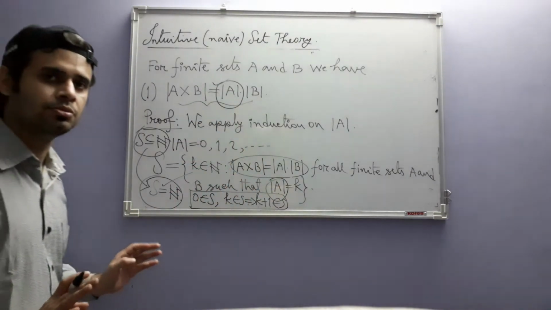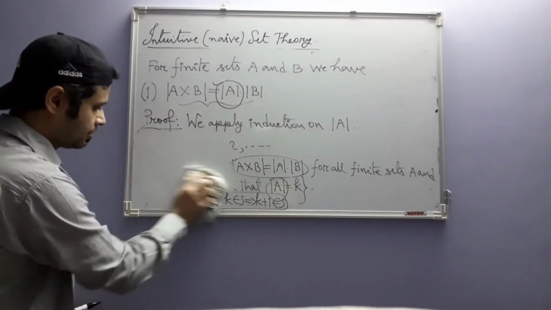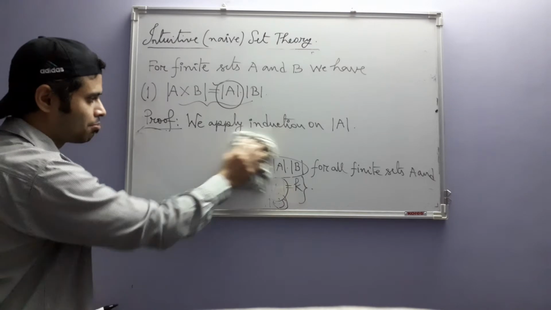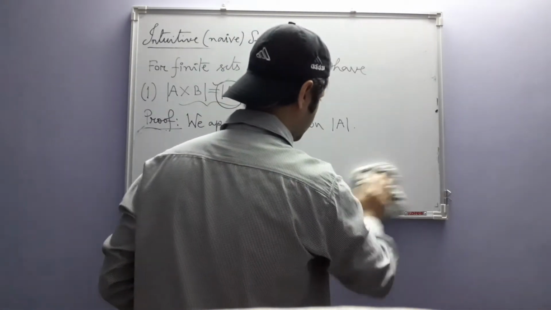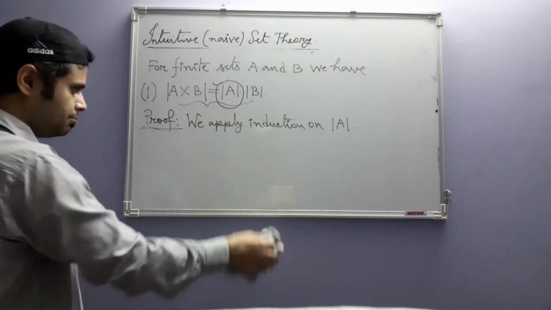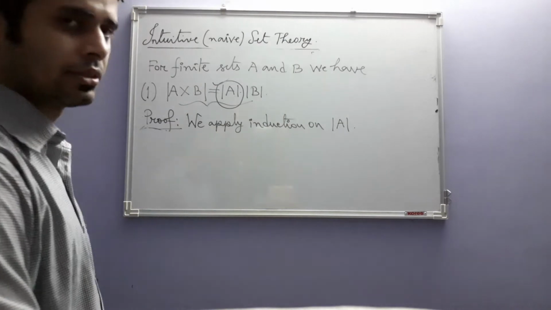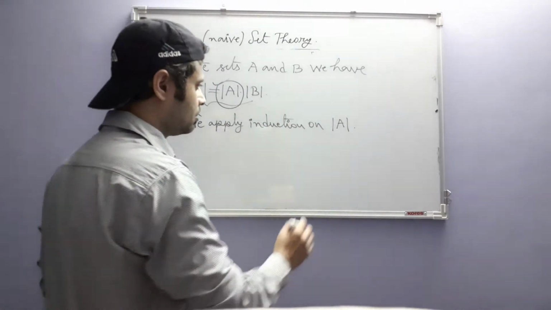Then we are through. Okay, so that is the strategy. It may seem somewhat complicated at this stage, but as you go through more and more induction proofs, you will see that it's a lot easier than it seems.